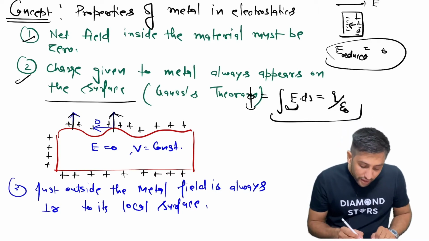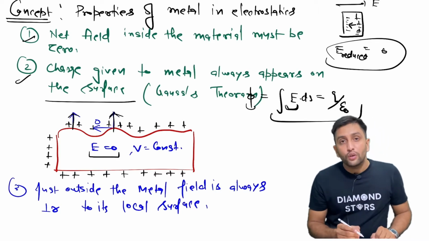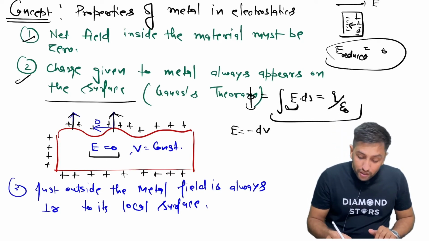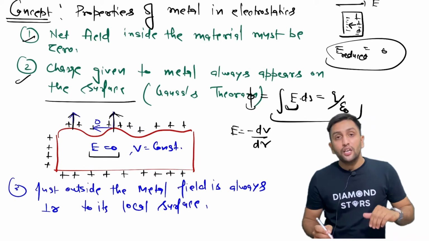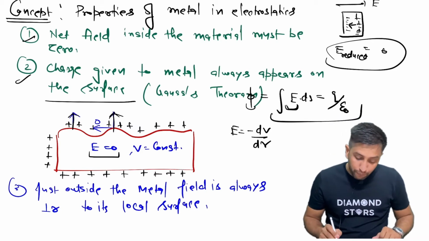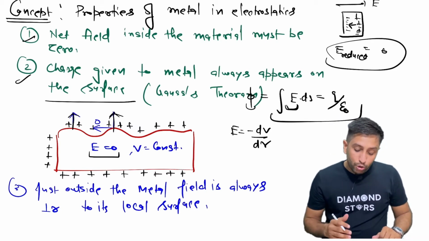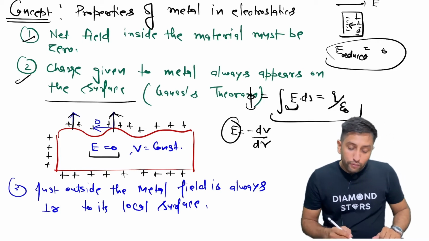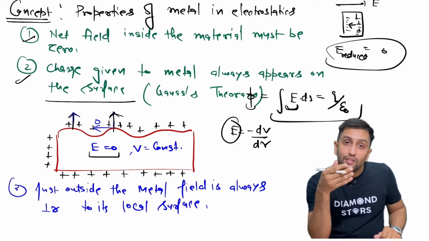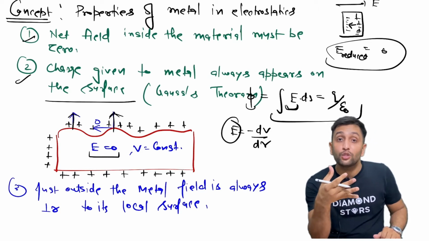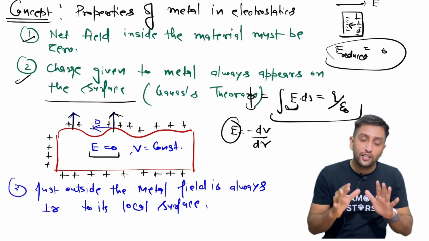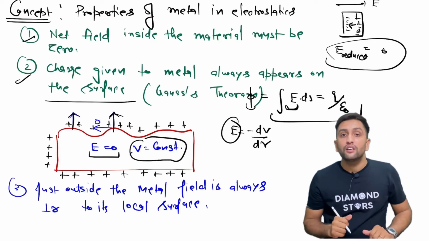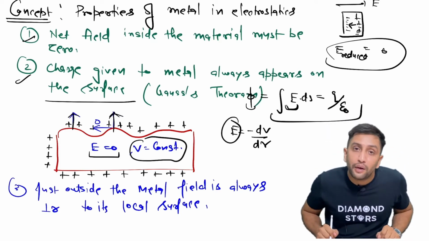And you studied that E is 0 inside the metal, and the relation between the potential and the electric field is the negative gradient, E equals minus dV by dr. Since E is 0, the differentiation of V is 0, which is the differentiation of a constant quantity. That means the potential is constant inside the metals.